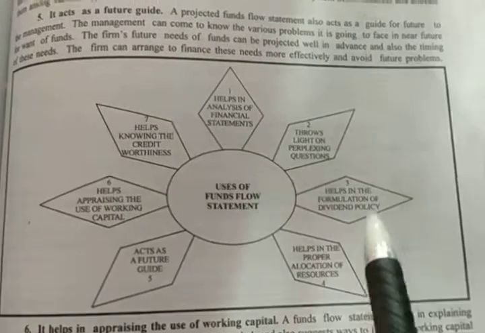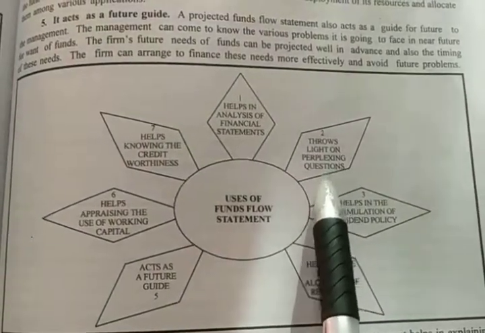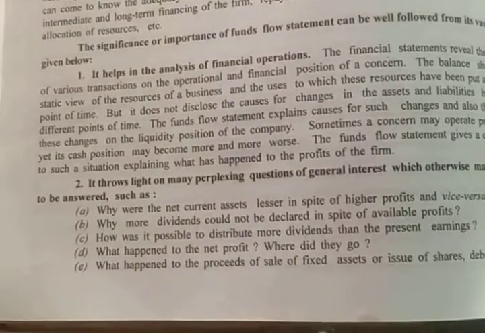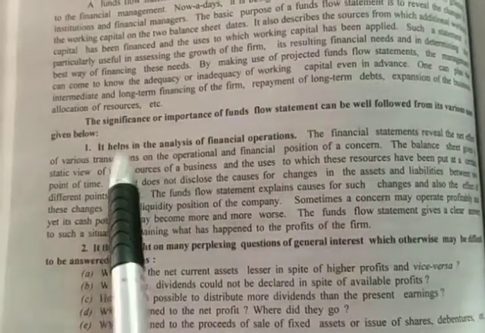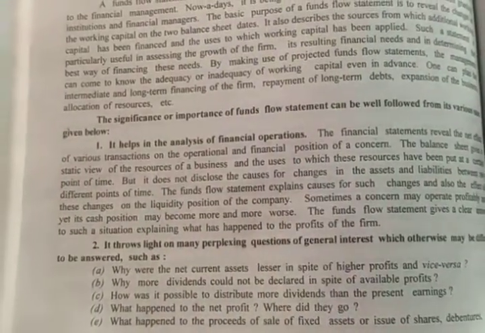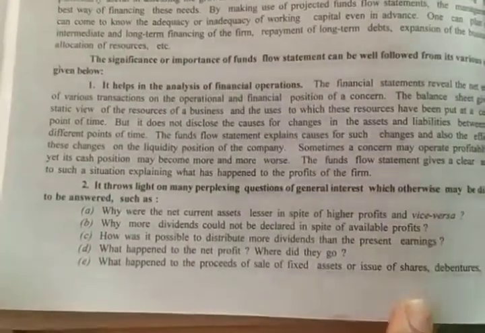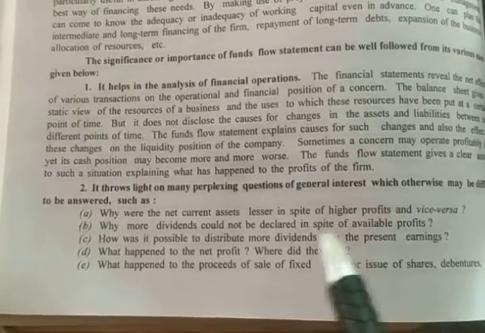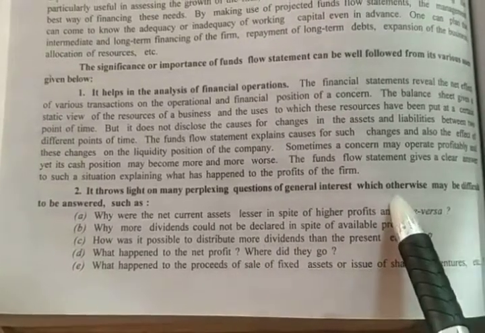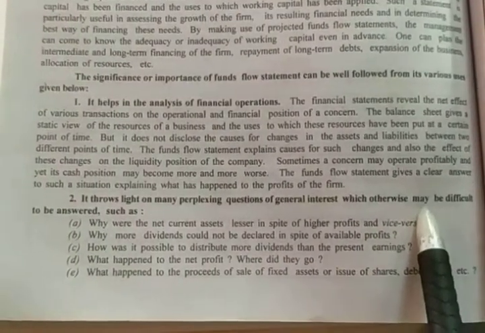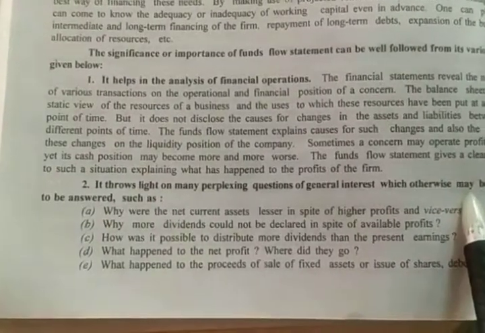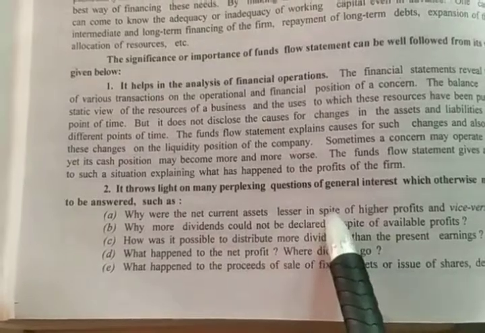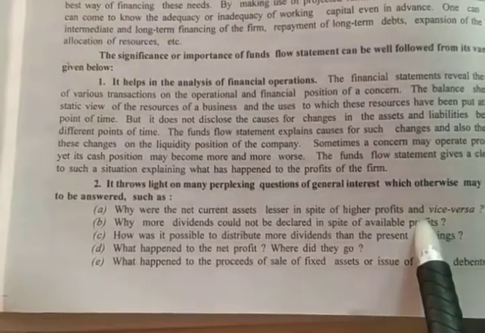The second one is that it throws light on perplexing questions of general interest which otherwise may be difficult to answer, such as: why were the net current assets lesser in spite of higher profit and vice versa?